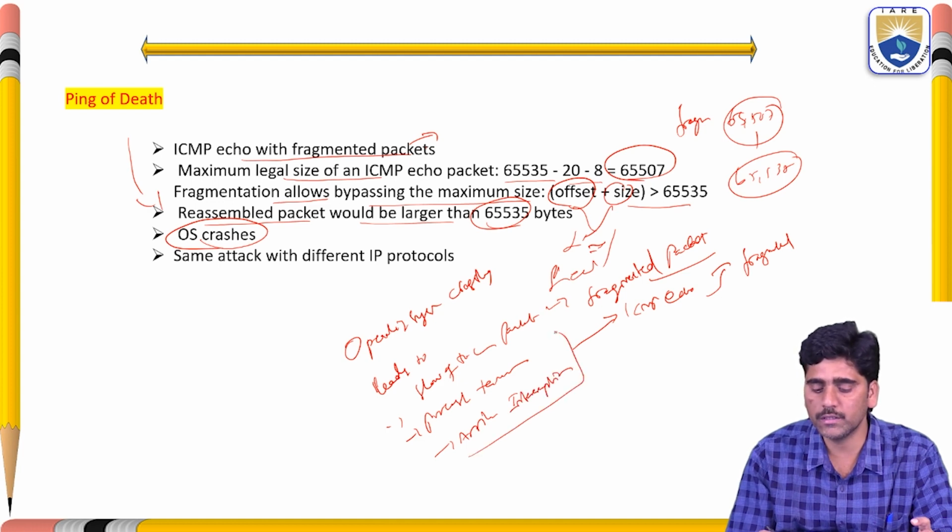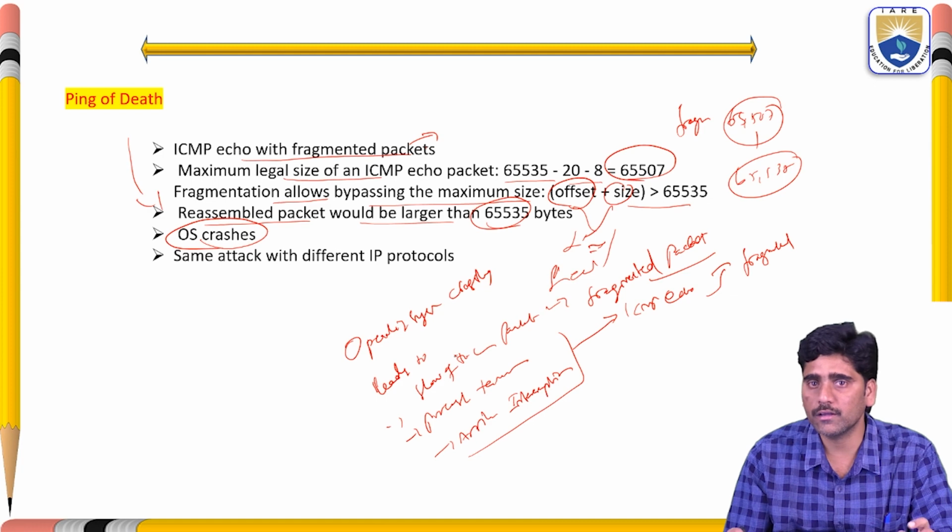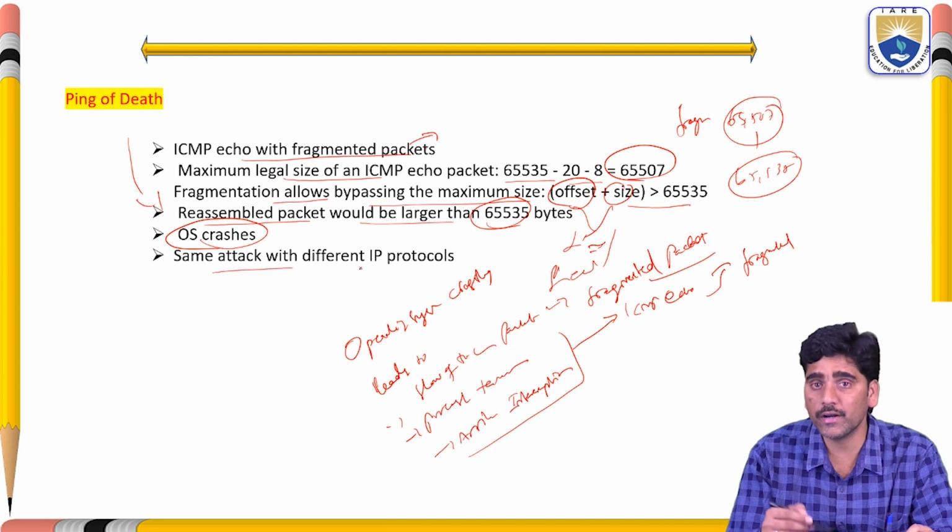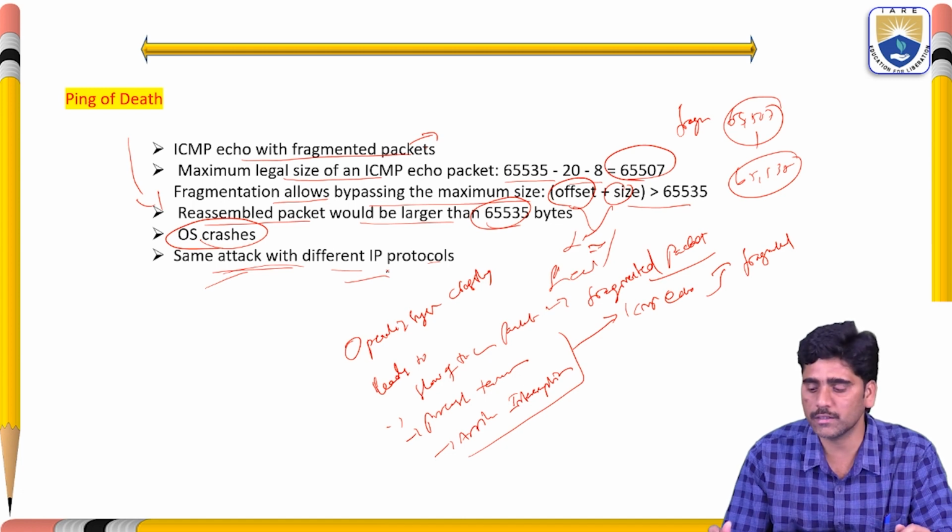These are all done in the ping of death attack. And the same attack can be done with different IP protocols. Based on the different target IP addresses, the attacks would be different, but it is the same attack with different protocols. So this is the way you can understand the ping of death attack.